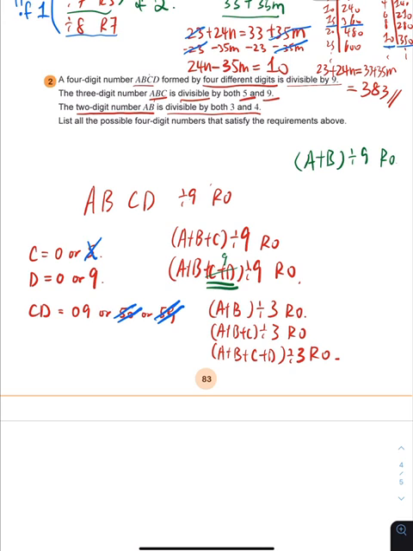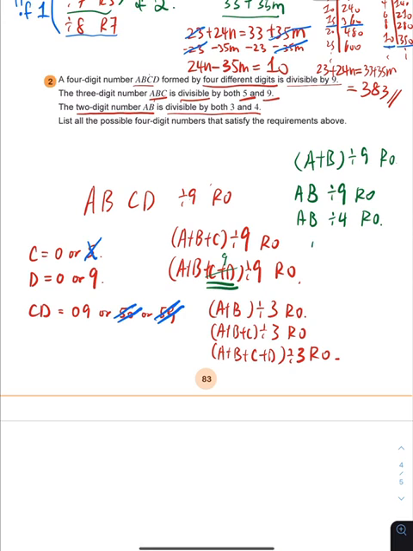And if I take away the 9 from A, B, and 9, of course A and B, what's remaining, also has a remainder 0 when divided by 9. So it means that AB divided by 9 has remainder 0. And AB divided by 4 also has remainder 0.